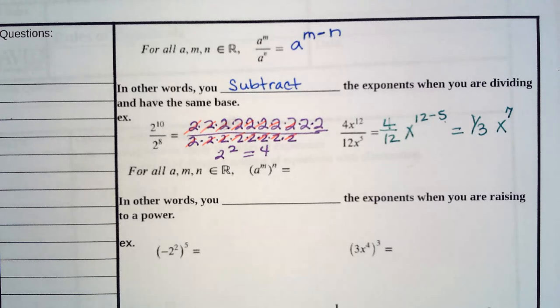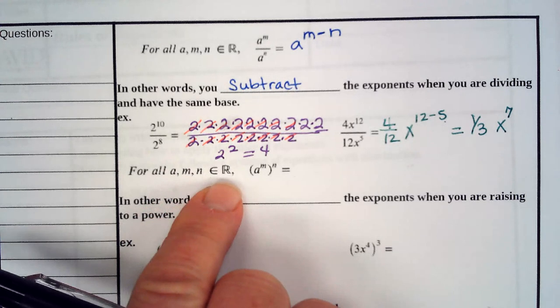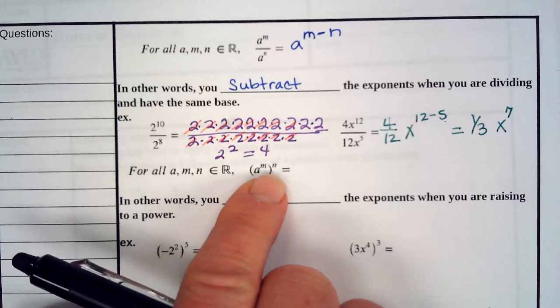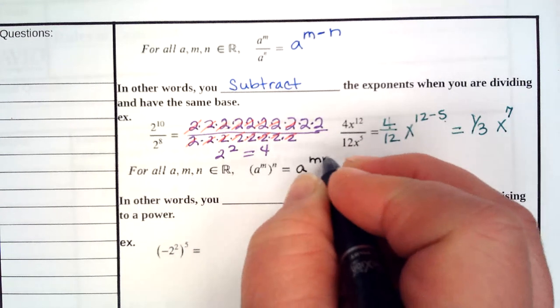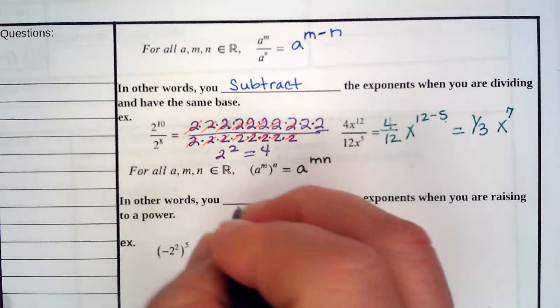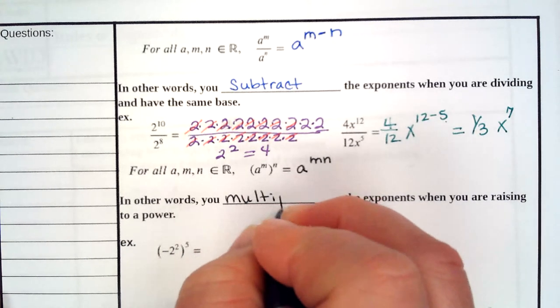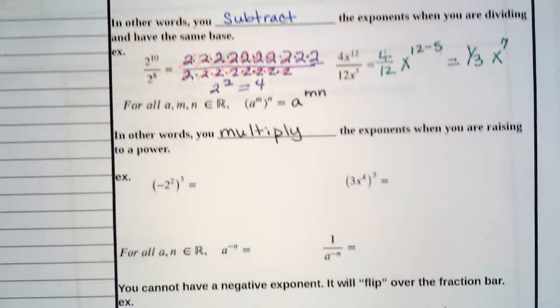So if we're looking at the rule, for all a, m, and n, which are elements of the real numbers, (a^m)^n is a^(mn). In other words, you multiply the exponents when you are raising to a power.